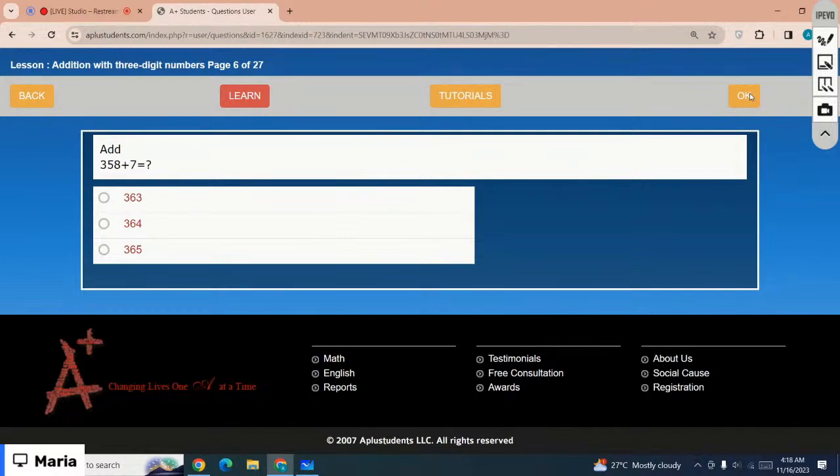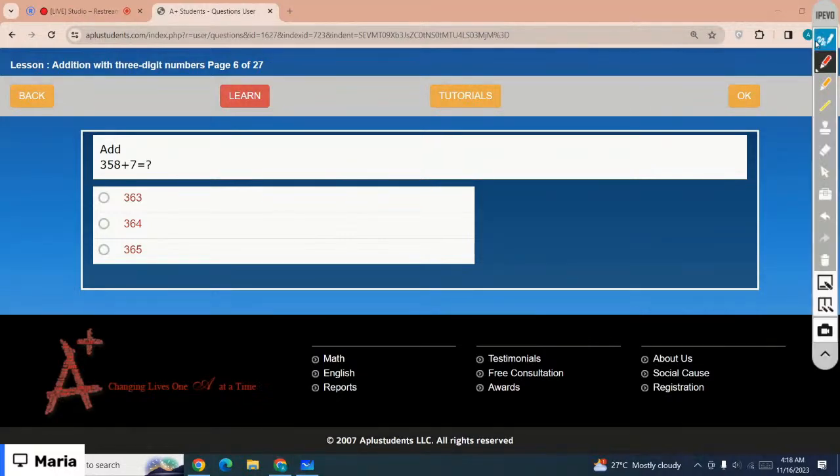Okay, so you have to start adding from the rightmost digit. 358 plus 7, right?